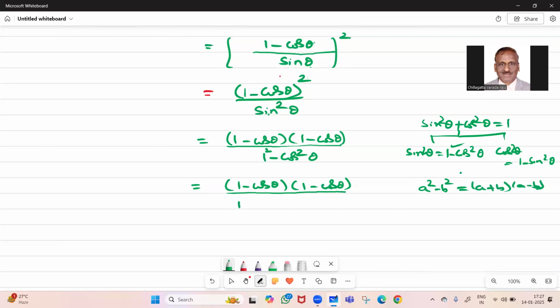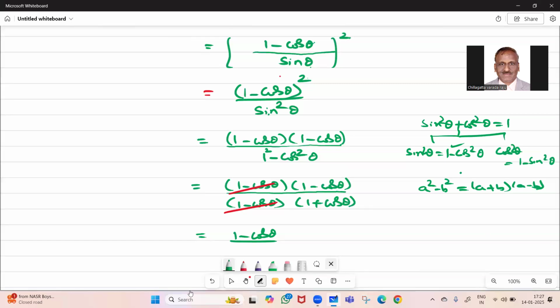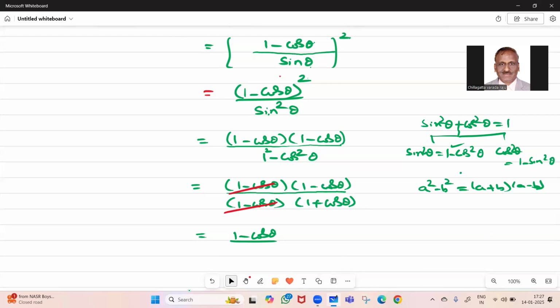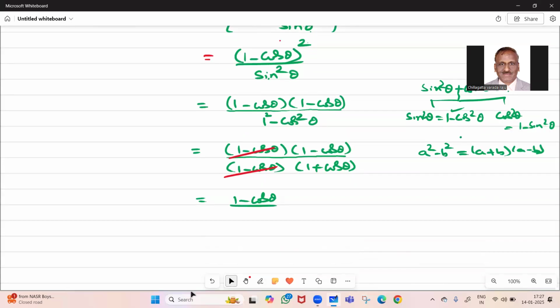So (1 minus cos theta) into (1 plus cos theta). That means (1 minus cos theta) and (1 minus cos theta) will cancel. What is left over for us now? 1 minus cos theta divided by 1 plus cos theta.